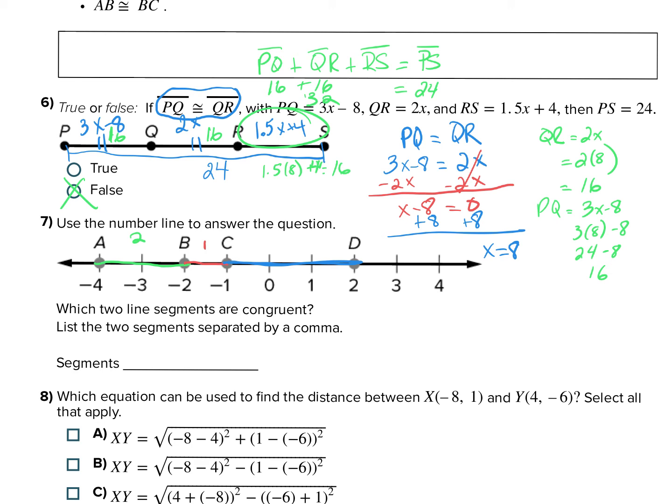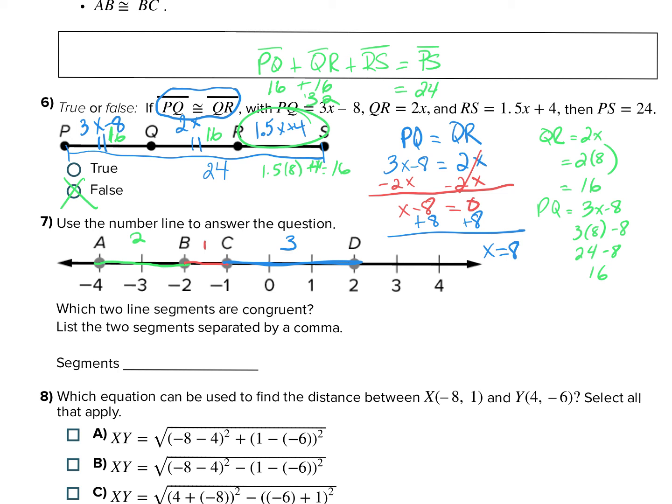CD is 3 units. And I've run out of letters. So, obviously AB isn't congruent to BC, because AB is 2, BC is 1.